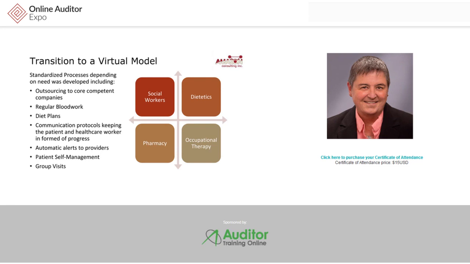And so social workers, dietitians, pharmacy, occupational therapy were the four that they said, well, okay, what we can do is we can standardize processes depending on the need of the patient and assign them to these different groups of people, and then create a process where they're communicating with one another in this virtual environment.